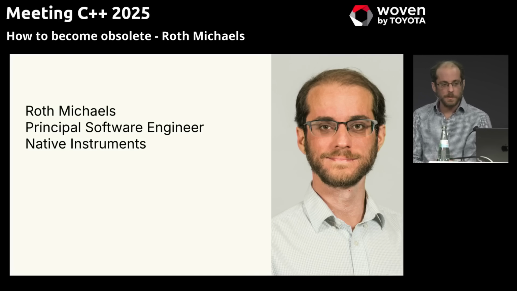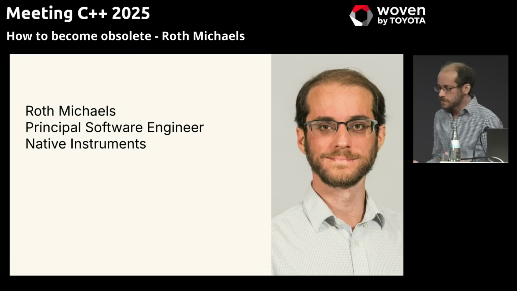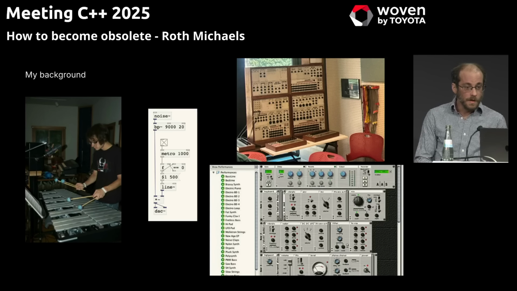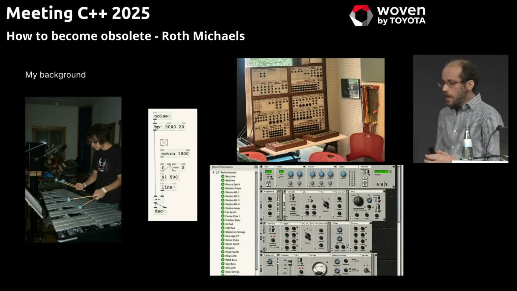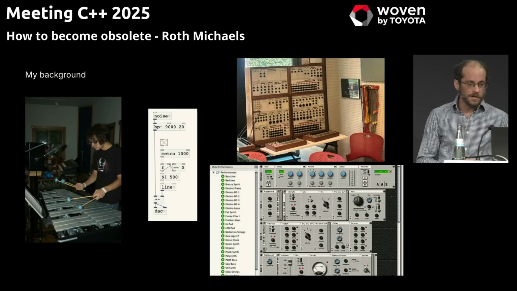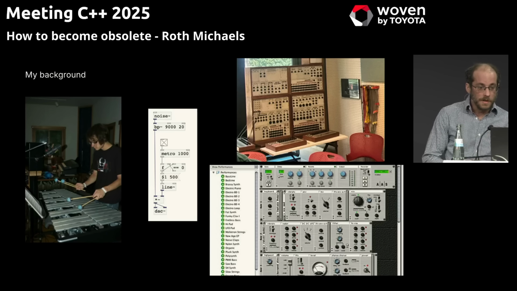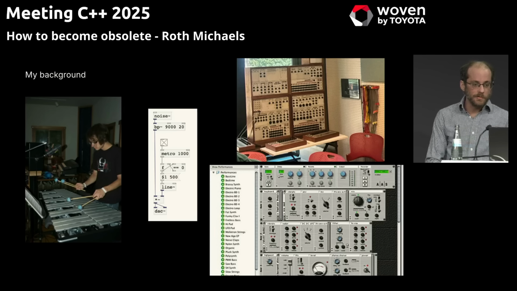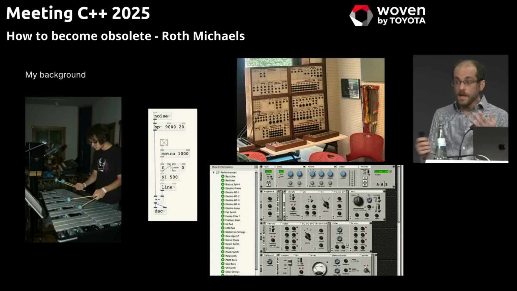So I'm Roth Michaels. I'm a principal software engineer at Native Instruments. I'll tell you a little bit more about Native Instruments in a moment, but first, a little bit more about my background. Before I got into software development in high school and maybe even younger, I was a musician and composer, led a variety of bands playing jazz and other kinds of music over the years. And I also did a little bit of programming.